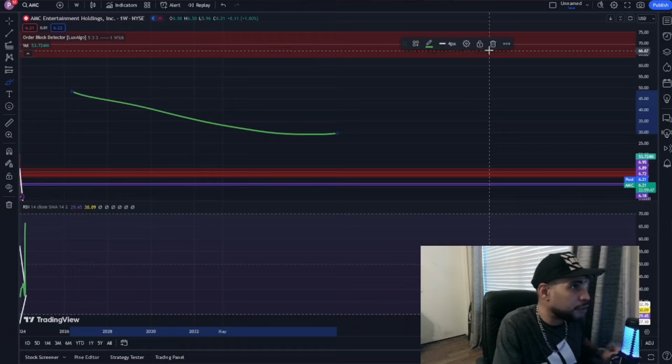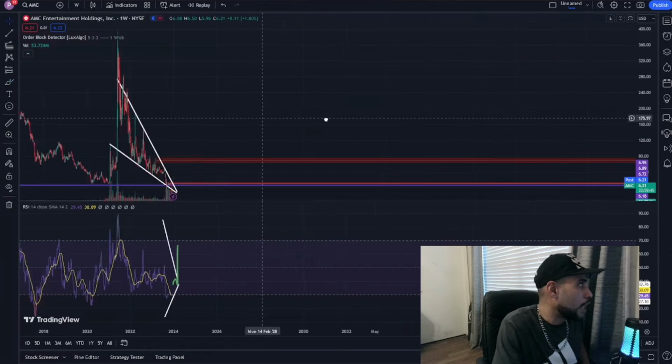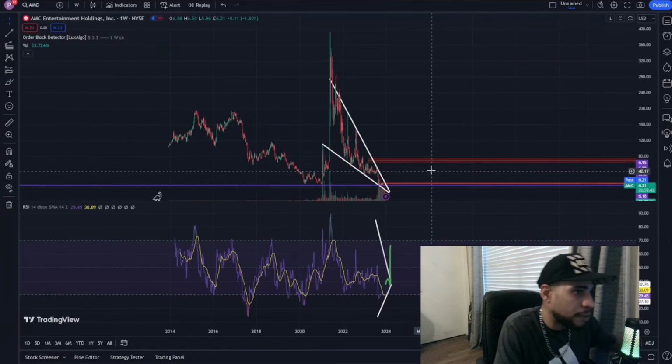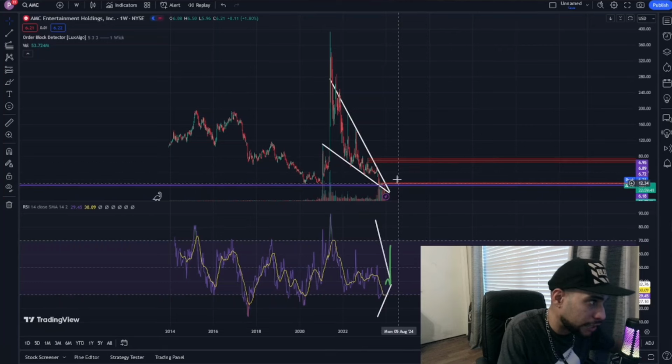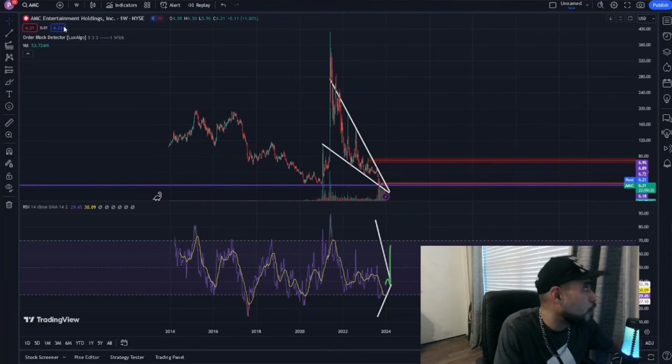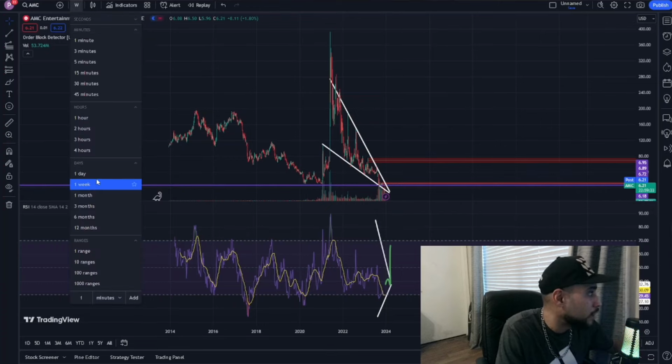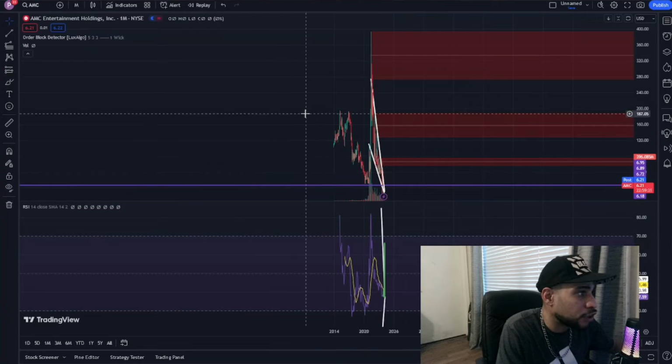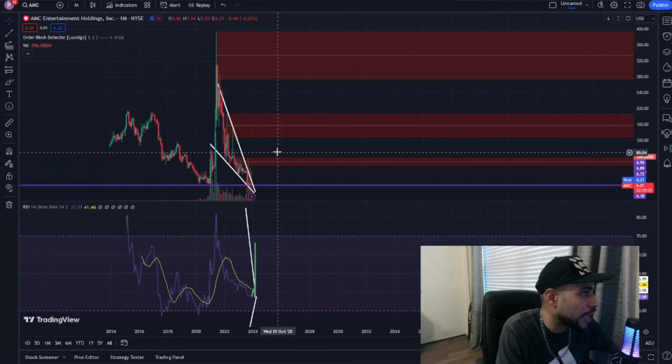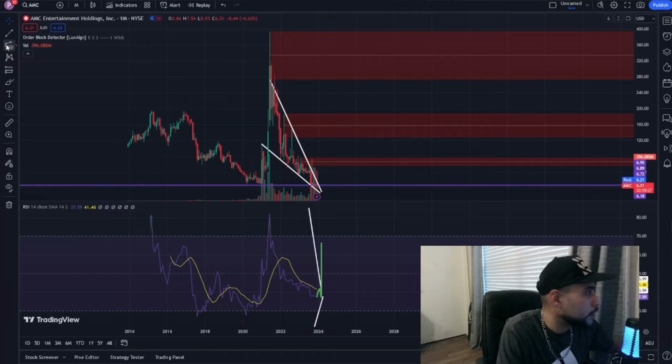The gap fills are at about $40, and there are sell walls all the way up at like $60. There's one at $14, which has a gap there as well. And on the monthly chart, there are sell walls all the way to the upside.